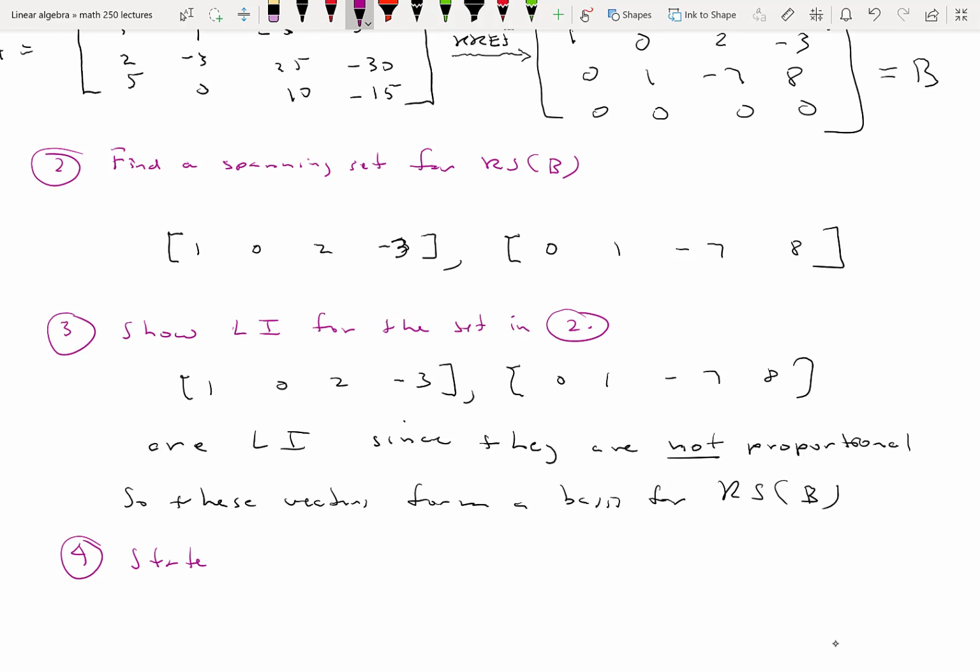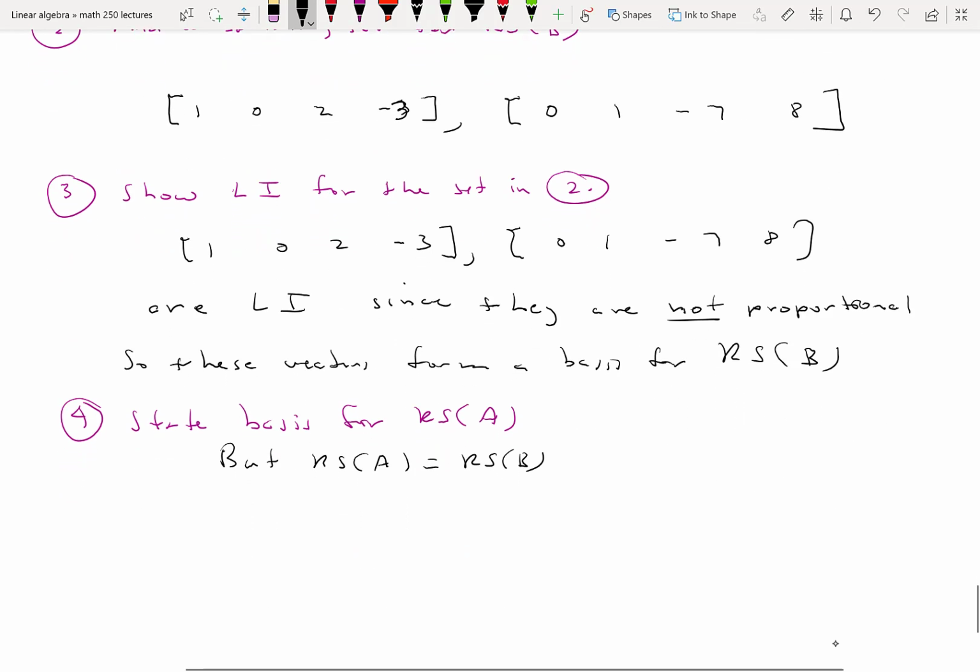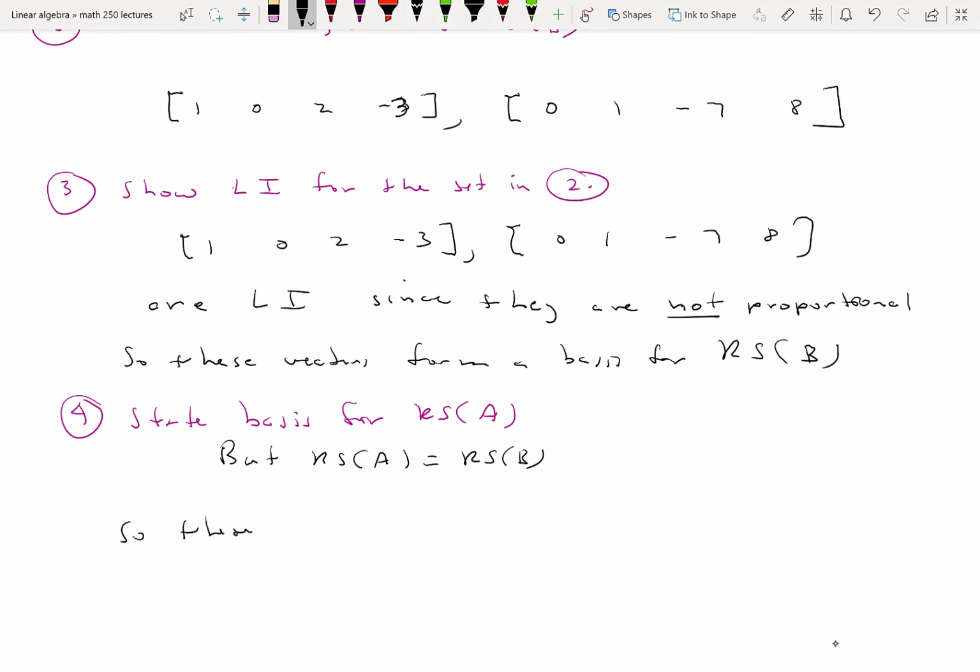State the basis for the row space of A. But the row space of A equals the row space of B. So these vectors form a basis for the row space of A.